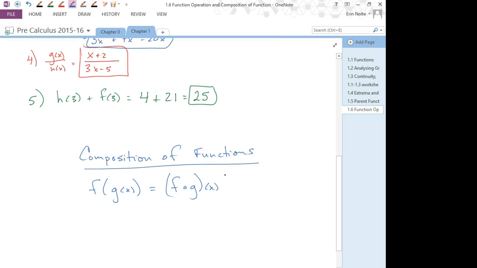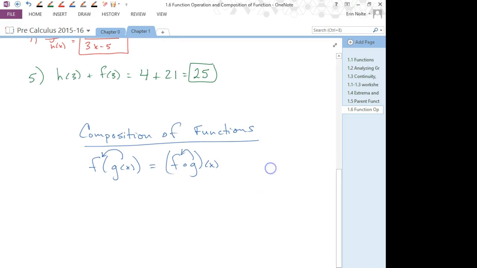One of them is going into the other one. Which one is going into the other one? The g is going into the f. Very good. The second one always goes into the first.